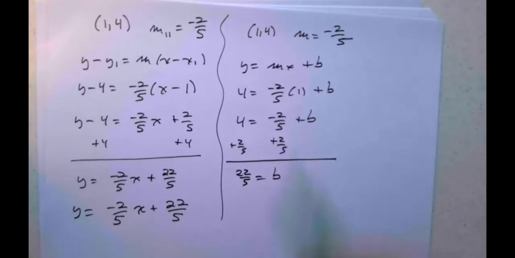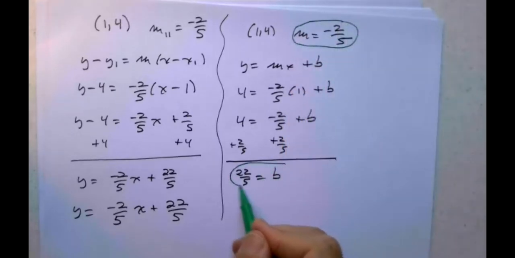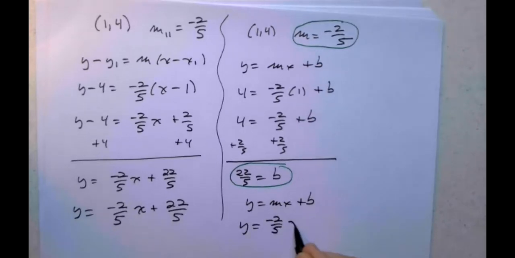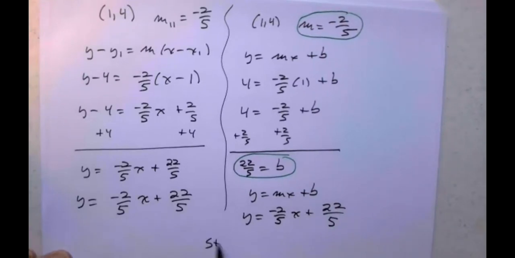But that of course is not my answer. I need to use m is negative 2/5 and b is 22/5, and plug them into y equals mx plus b. So y equals negative 2/5 x plus 22/5, which is what I had from point-slope. But that's not my final answer because I was supposed to express this in standard form.